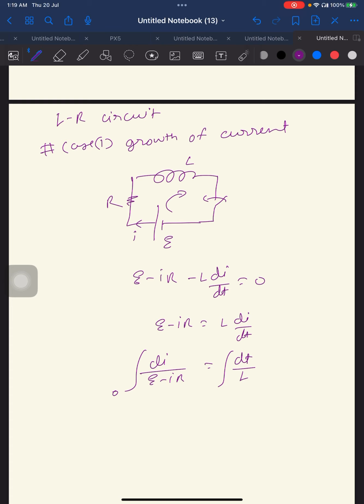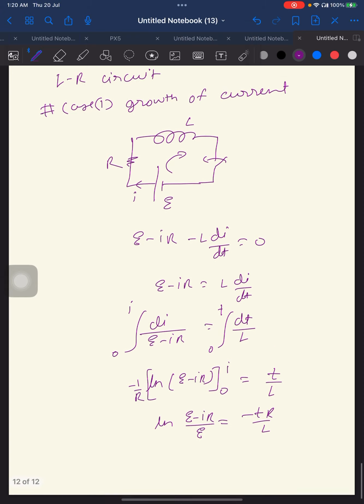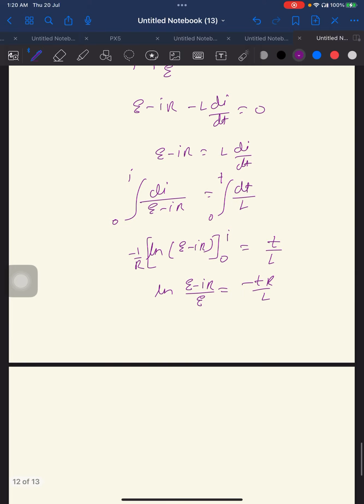So initially the current is 0 and finally at time t it will be some I. So 0 to I. If you integrate, it will come ln (E minus IR), and here minus 1 by R will come, from 0 to I, equal to t by L. So this becomes ln of (E minus IR) by E is equal to minus tR by L. If you write it, it becomes 1 minus IR by E is equal to e power minus tR by L.